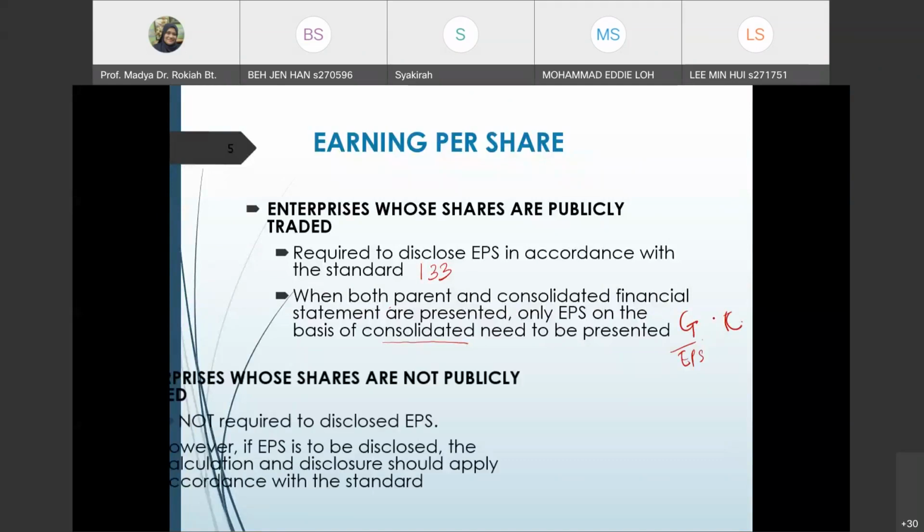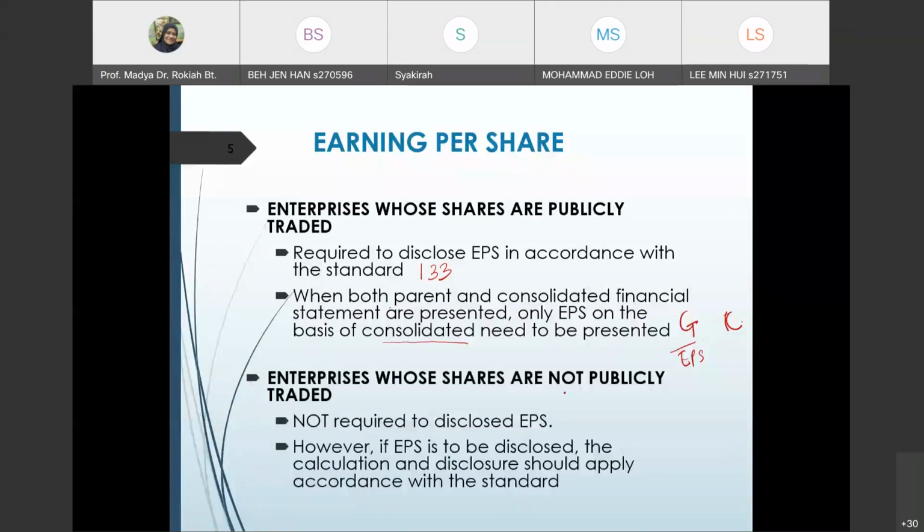For an enterprise whose shares are not publicly traded, meaning an unlisted company, it is not required to disclose earning per share. But if the company wants to disclose its earning per share, the calculation and disclosure need to follow the standard.